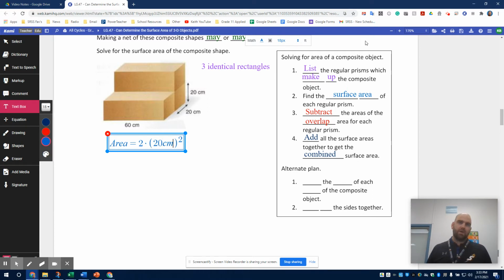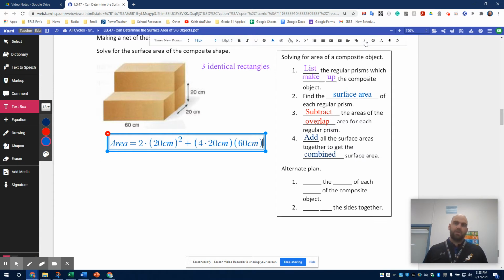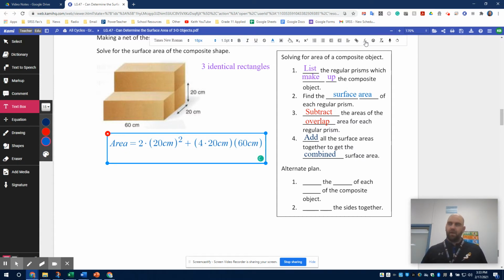That should be a 0, not an n. Then we're going to add the base perimeter, which is 20 plus 20 plus 20 plus 20, or we can think of it as 4 times 20 centimeters. And we're going to multiply that by the length, which is 60 centimeters. And so this is the area of each of those prisms.